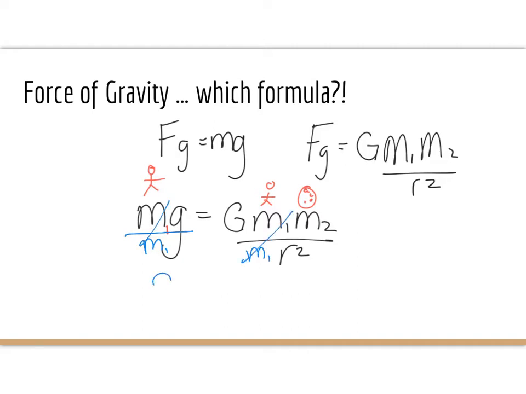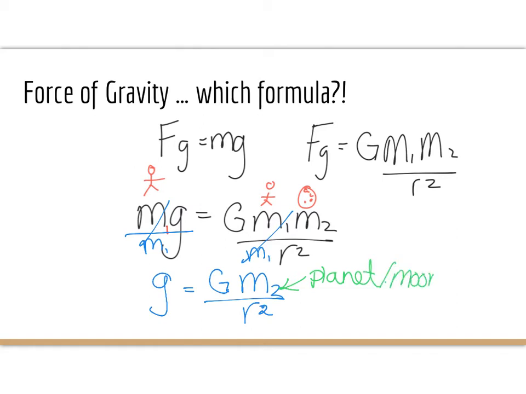So we are left with g is equal to big G m2 over r squared, where m2 is really the mass of a planet or whatever we are standing on, planet or moon, I should say. And g, in our notes, is the acceleration due to gravity. So we can use these interchangeably.